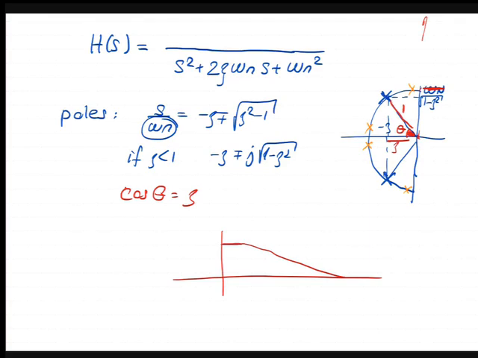There is something that's not completely accurate about this picture, which happens when this theta is really large, bigger than 45 degrees. What happens when theta exceeds 45 degrees is around the frequency omega n, we start having a peak. Okay? When theta is bigger than 45 degrees.